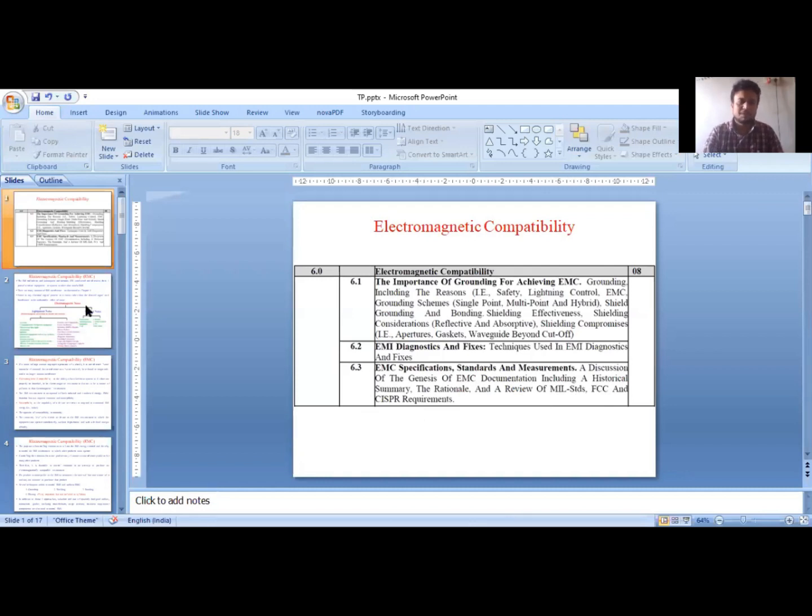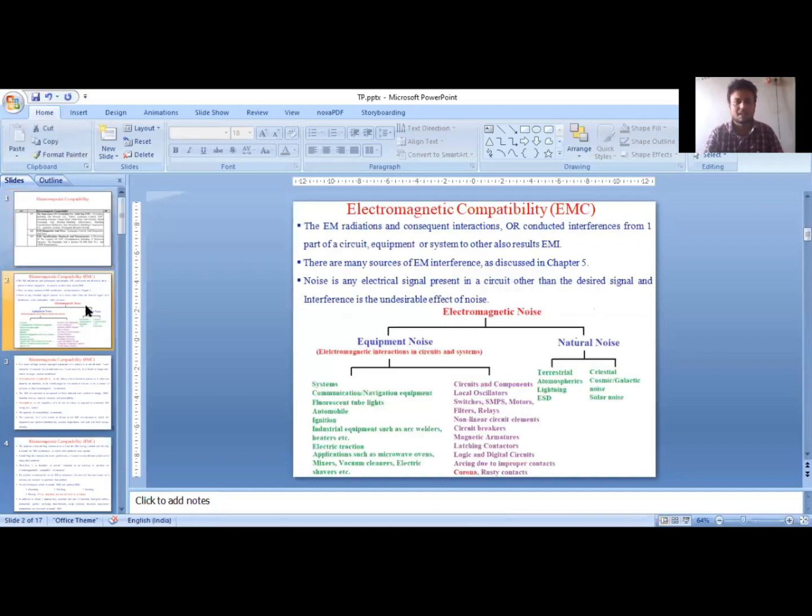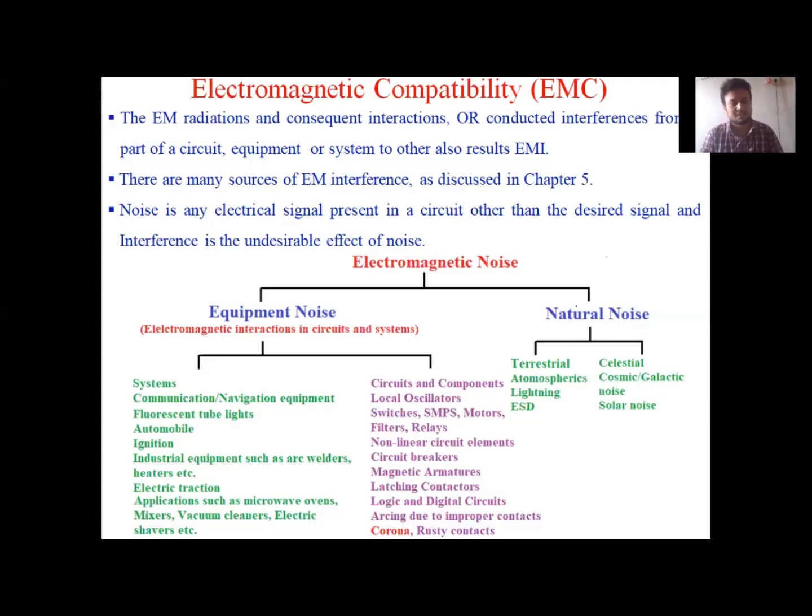So before starting with the concepts of electromagnetic compatibility, I wanted to tell you something about electromagnetic interference. We have already studied electromagnetic interference in chapter 5. In fact, you have given a quiz also based on the electromagnetic interference chapter.